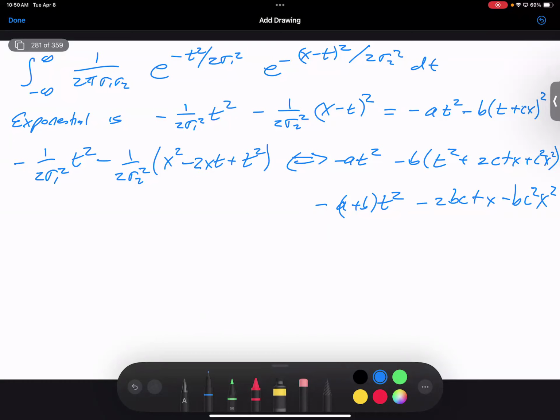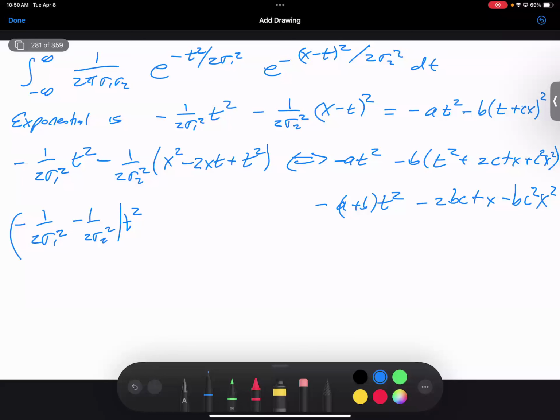So the question is, do you think we can match everything? So on this side, we've got minus 1/2 sigma 1 squared minus 1/2 sigma 2 squared t squared, right?